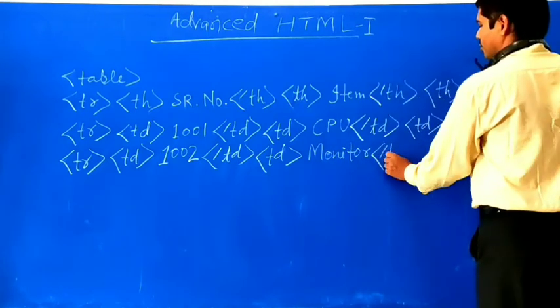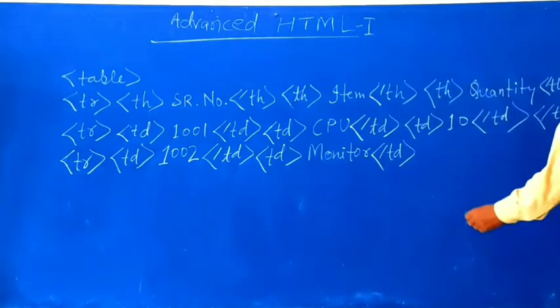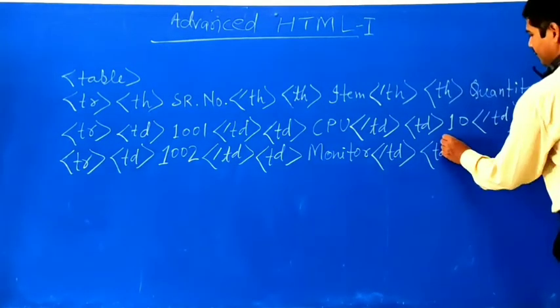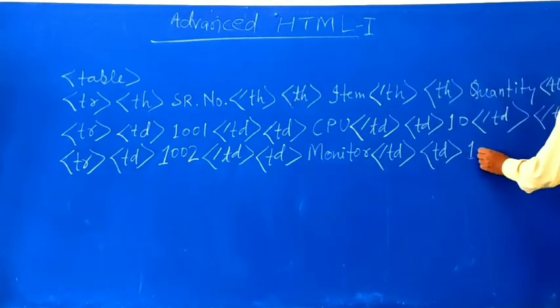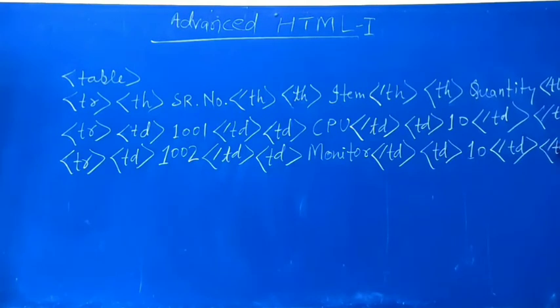We will close TD for item. Again we will open TD for quantity as 10. We will close TD for quantity and we will close the table row.